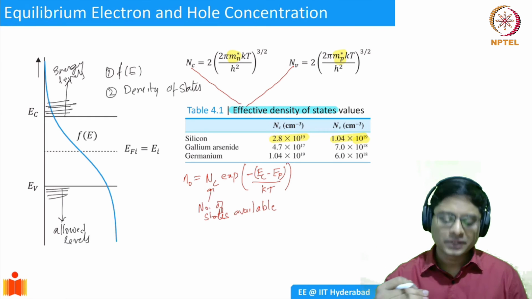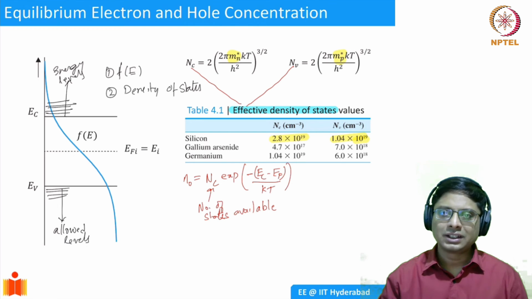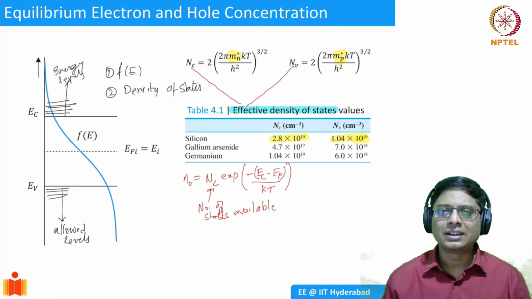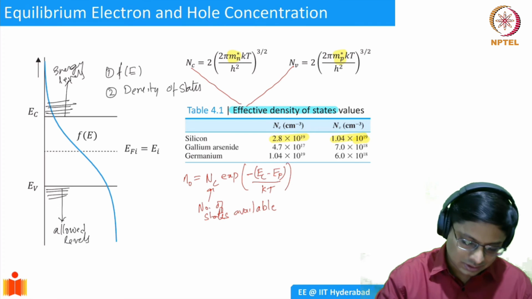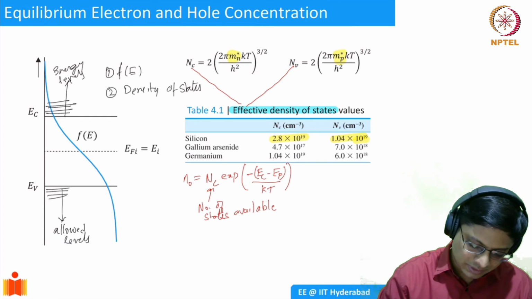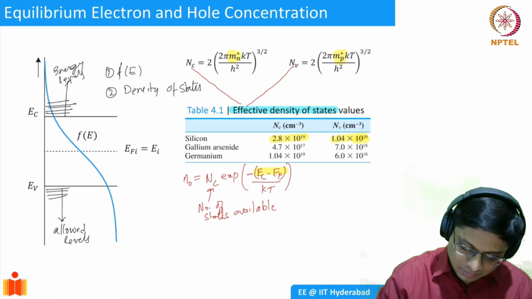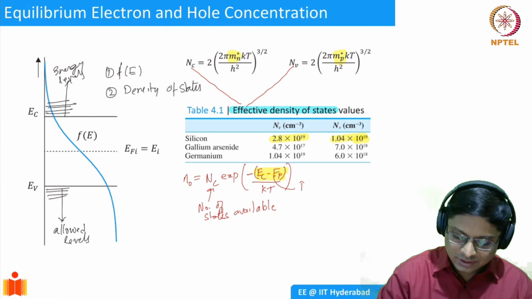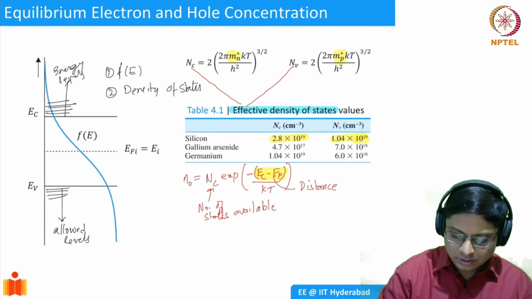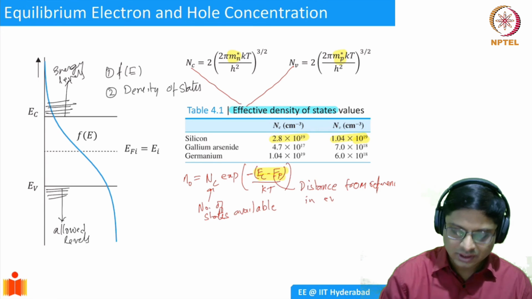So depending on the distance between EC and EF, we can find out the concentration. This particular quantity is essentially the distance from the reference level.